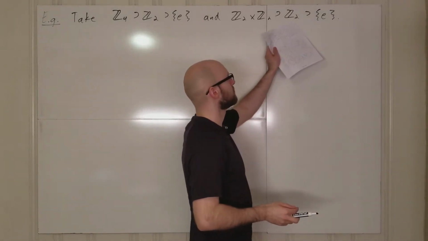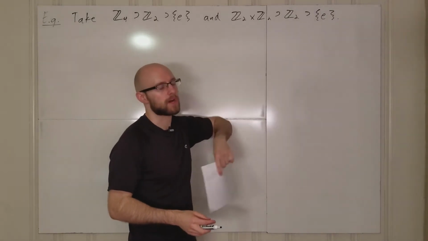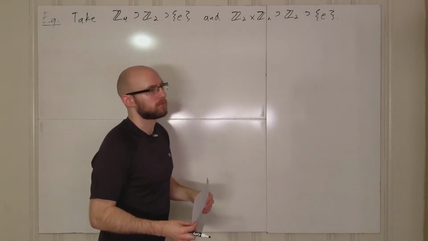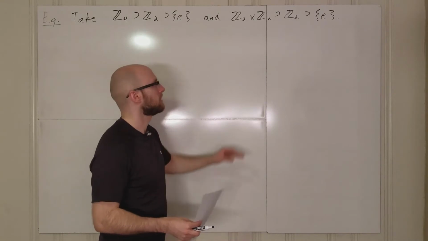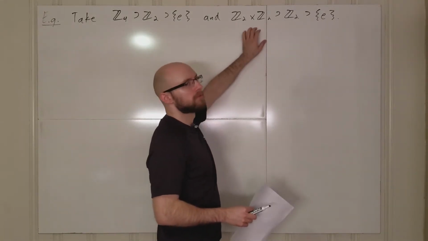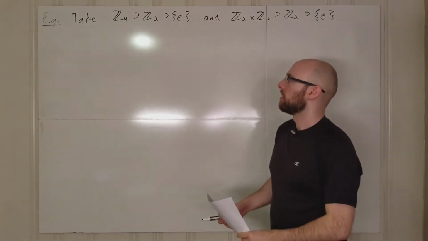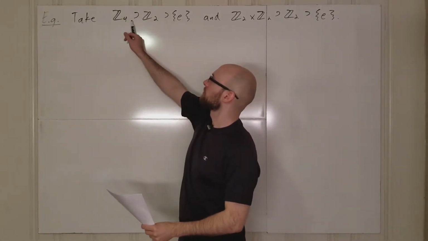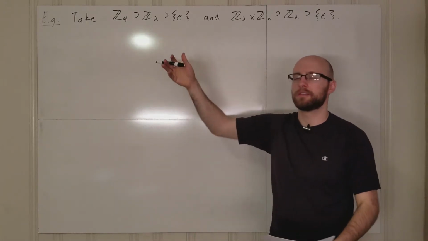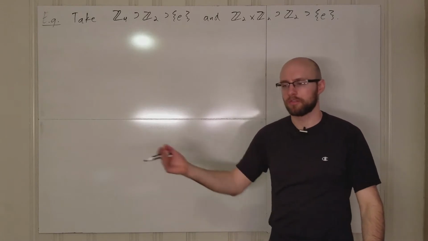Similarly here, Z2 mod the identity is Z2, and for Z2 cross Z2 mod Z2, the order of the quotient is going to be the order of this divided by the order of this, so 4 divided by 2, which is 2.